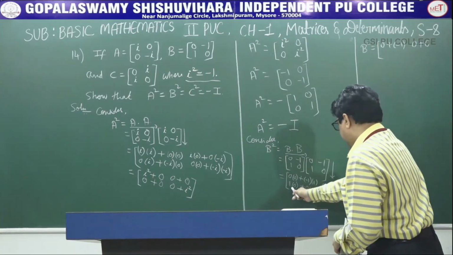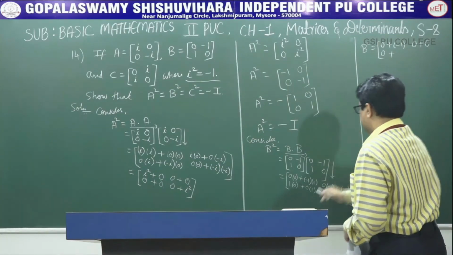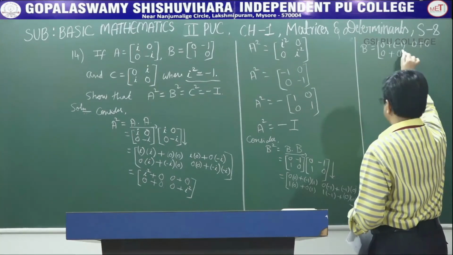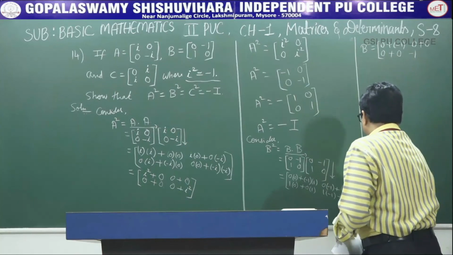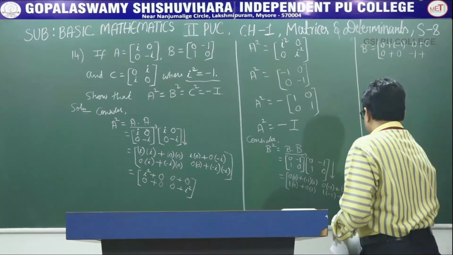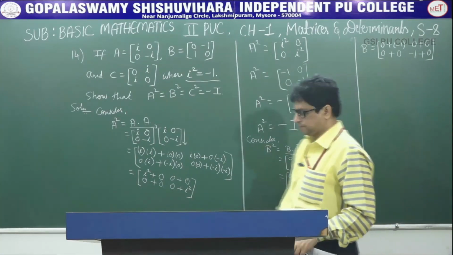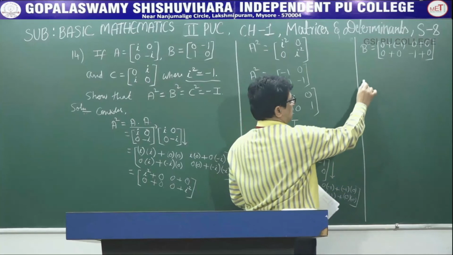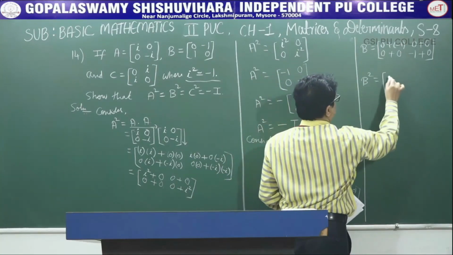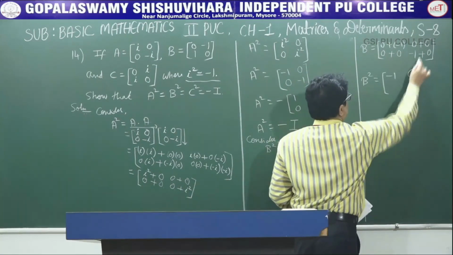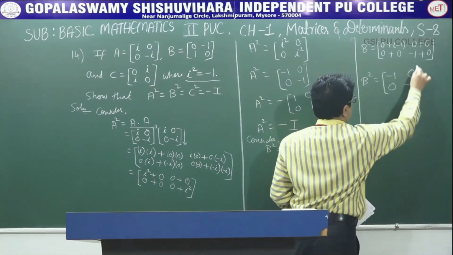Next row, 1 into 0, 0 plus 0 into 1, 0, 1 into minus 1, minus 1, plus 0 into 0, 0. Therefore, B square will be equal to 0 plus minus 1, minus 1, 0 plus 0 is 0, 0 plus 0 is 0, minus 1 plus 0, minus 1.